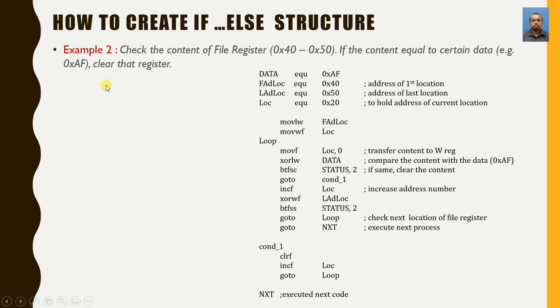And then there's another example. Check the content of the file register. If the content equals certain data, clear that register. This part I'll just leave to you to understand. What's best for you is to understand it.